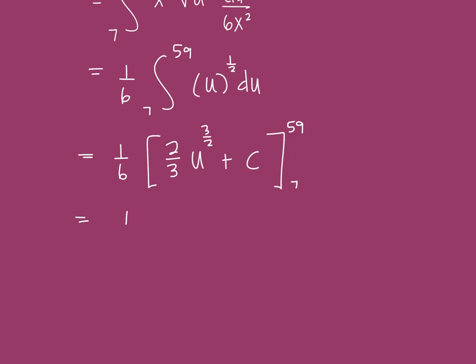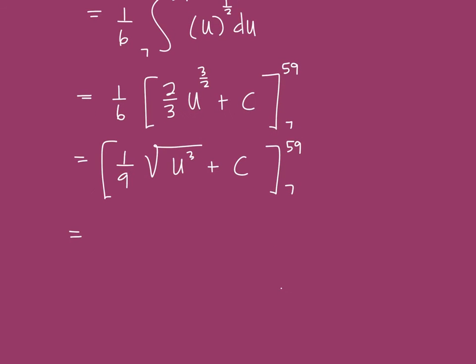When we simplify that, we get 1/9. And then I'm looking at the square root of u cubed plus c, going from 7 to 59. So then when we substitute in, you can leave it as 1/9 of the square root of 59 cubed minus 1/9 of the square root of 7 cubed.